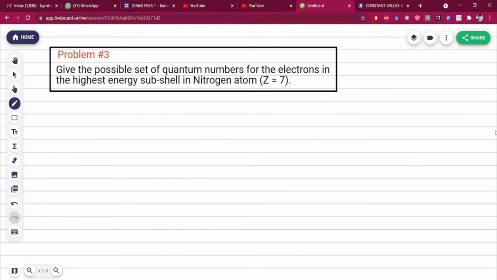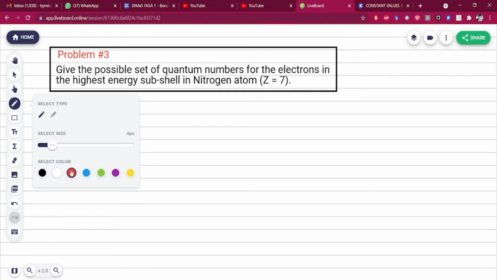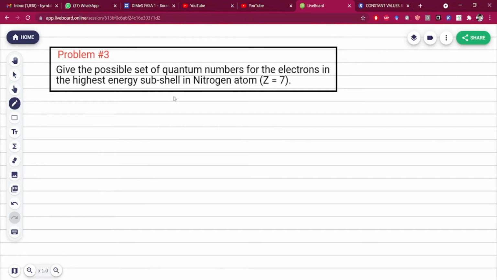Next, we're going to look at this one. Give all possible sets of quantum numbers for the electrons in the highest energy subshell in a nitrogen atom with proton number Z equals 7. In this case, first we're going to change that into the SPDF notation.